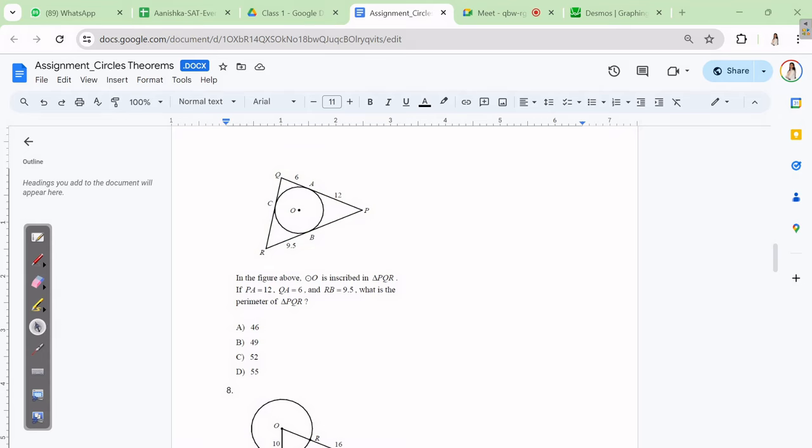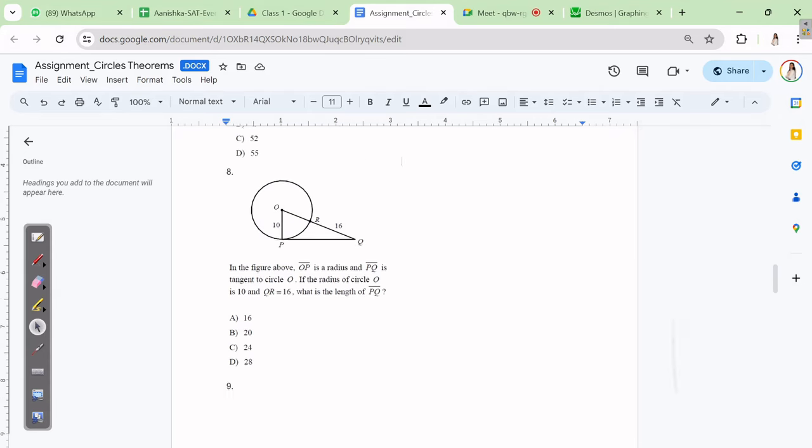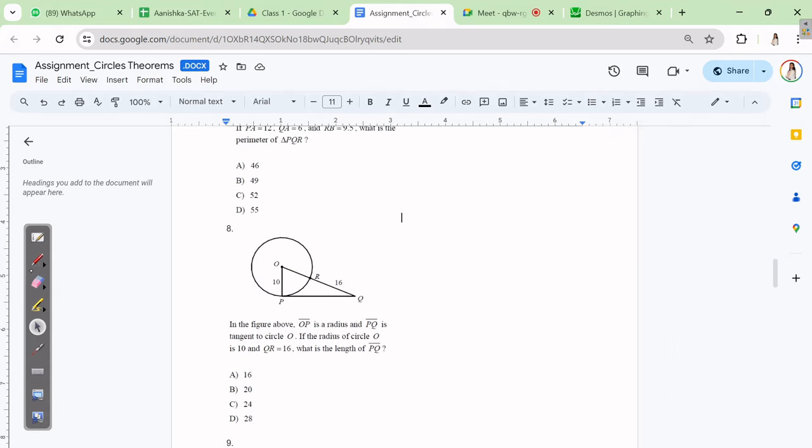Okay, let's move to number 8. What is the length of PQ? Oh wait, would QR also be 10?